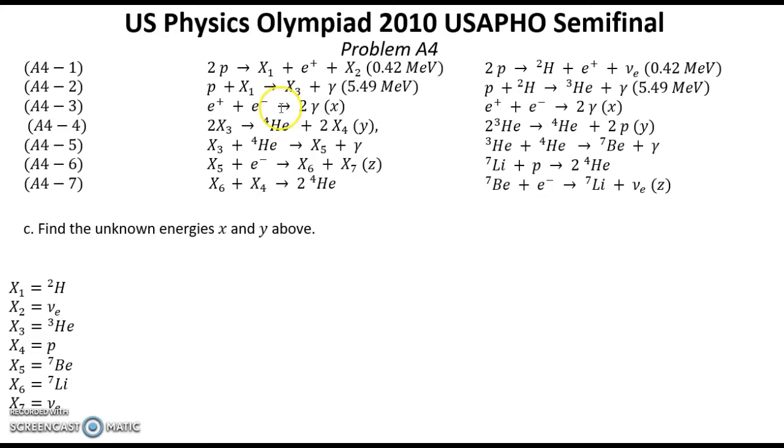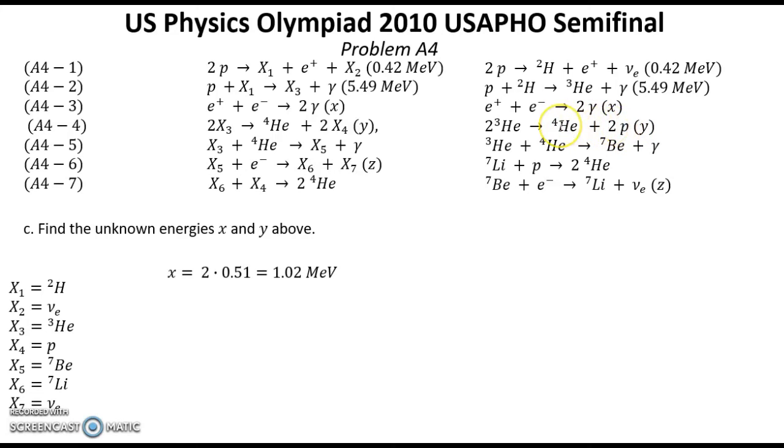Total energy will be just mass of these particles, which is 1.02 mega electron volts. To find energy Y, we see that this energy is a kinetic energy for helium-4 plus 2 protons.